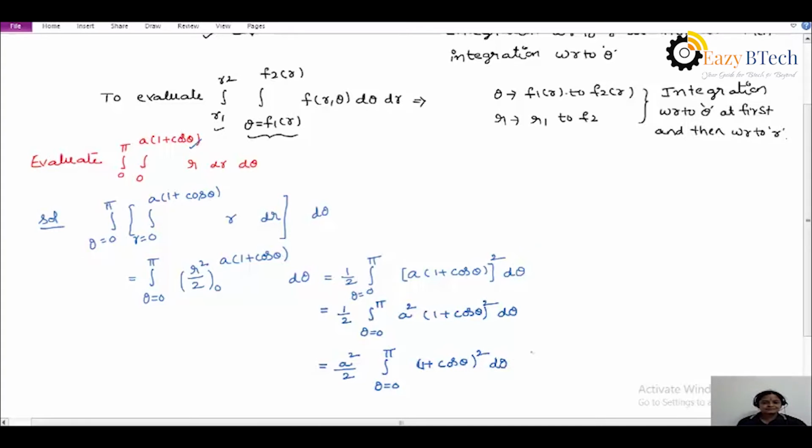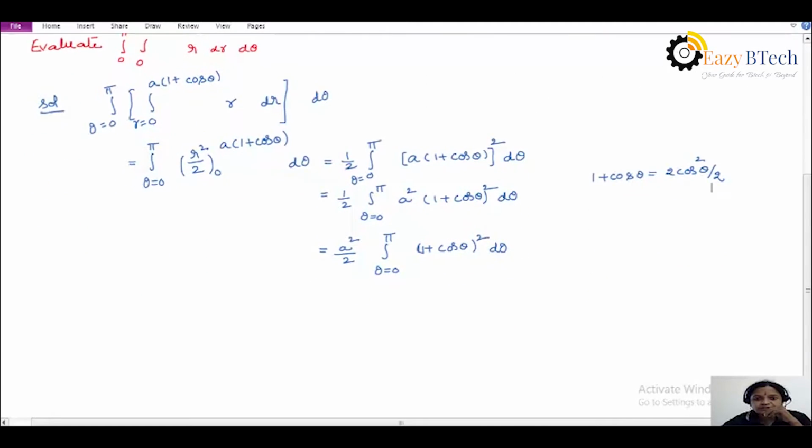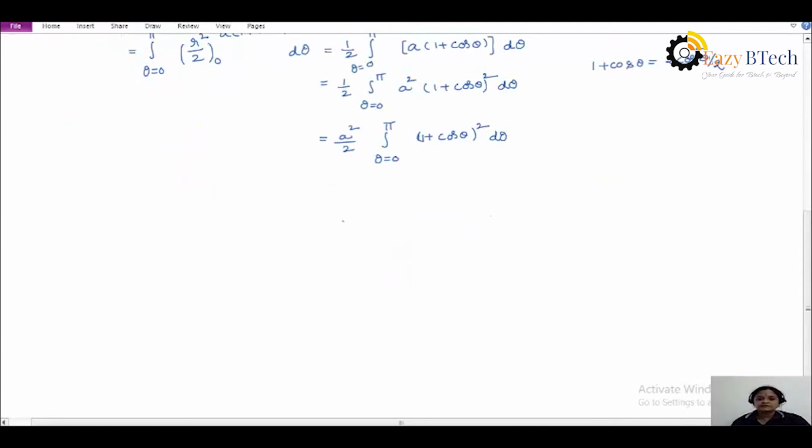Now for this integration of 1 plus cos theta whole square, we may apply the a plus b whole square formula, or otherwise we know one formula: 1 plus cos theta is 2 cos square theta by 2. So now I am applying that formula.